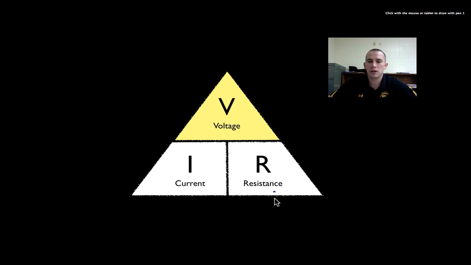It helps you know what to do whenever you get 2 out of the 3 things in Ohm's law. If we don't know voltage, but we know the resistance and current, we can figure out what voltage is. If you put your hand over the one you don't know, that'll tell you what to do.